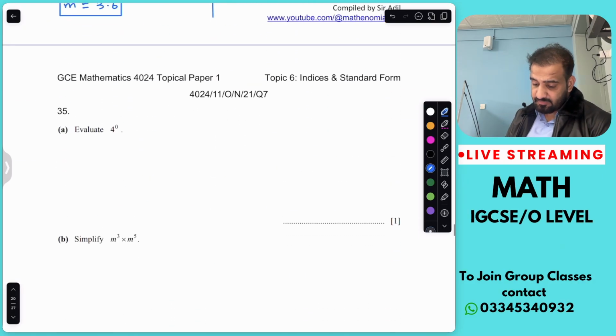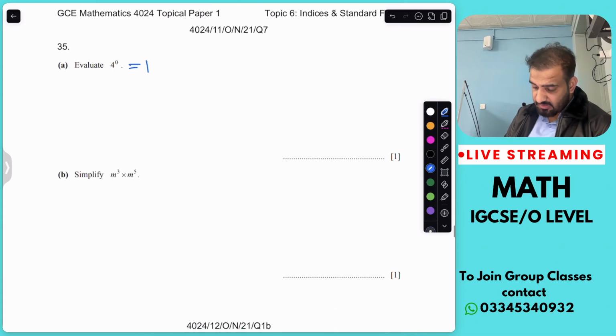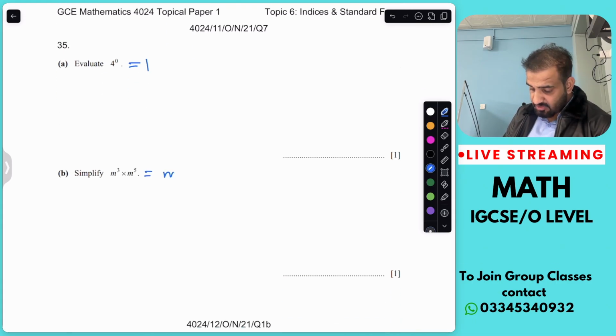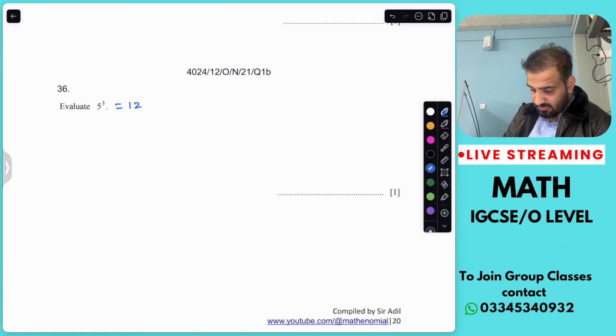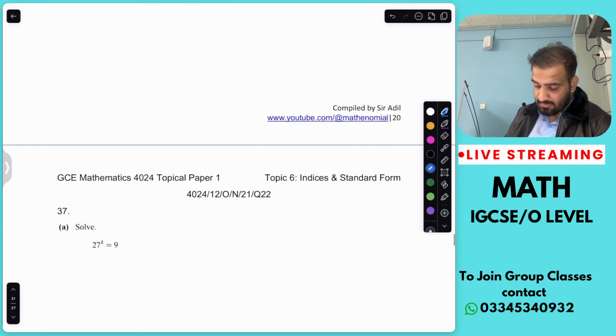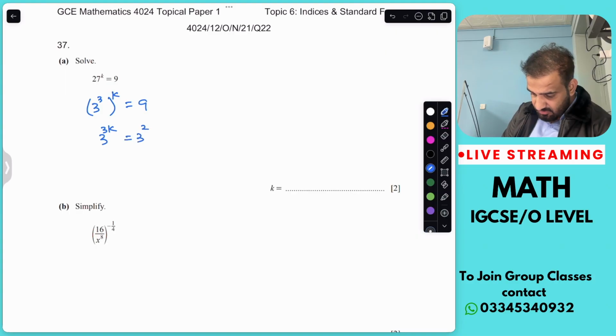Question 35. 4 raised to power 0 is too difficult question. It is m raised to power 8. It is 125. 5 times 5 times 5. It is 3 cube whole k is equals to 9. So 3 raised to power 3k is equal to 3 raised to power 2. So 3k is equal to 2.